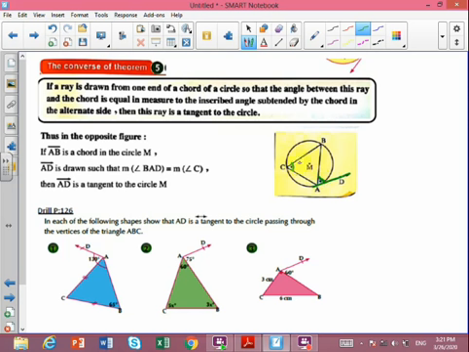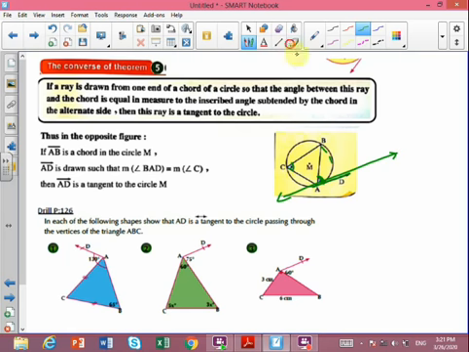I don't know that this is a tangent yet; it is only a ray drawn. If this angle equals the inscribed angle opposite to this arc, then this ray is a tangent.